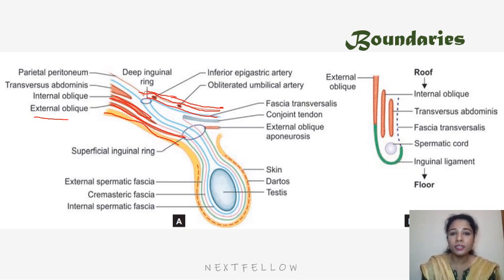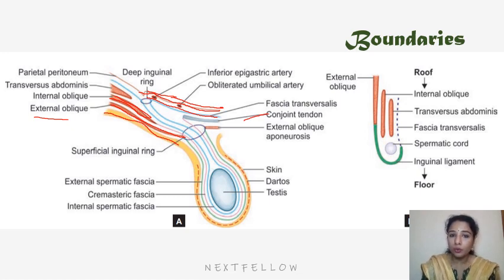Additionally, the medial two-thirds presents the conjoint tendon, and also the reflected part of the inguinal ligament, which we saw in the previous slide, and over the lateral one third the interfoveolar ligament. So these are the structures that form the posterior wall of the inguinal canal.